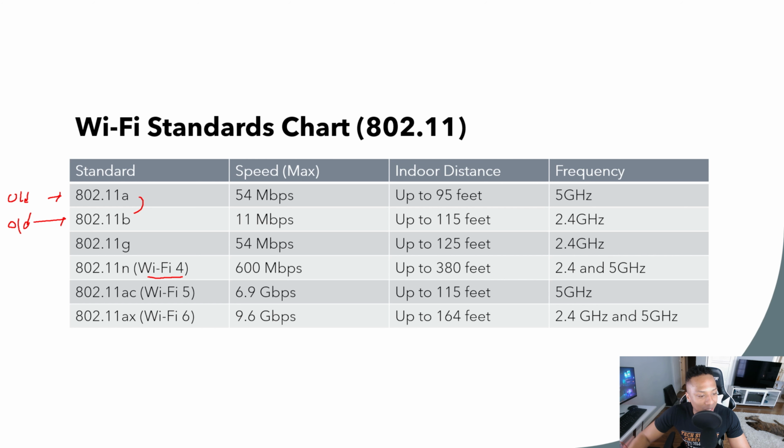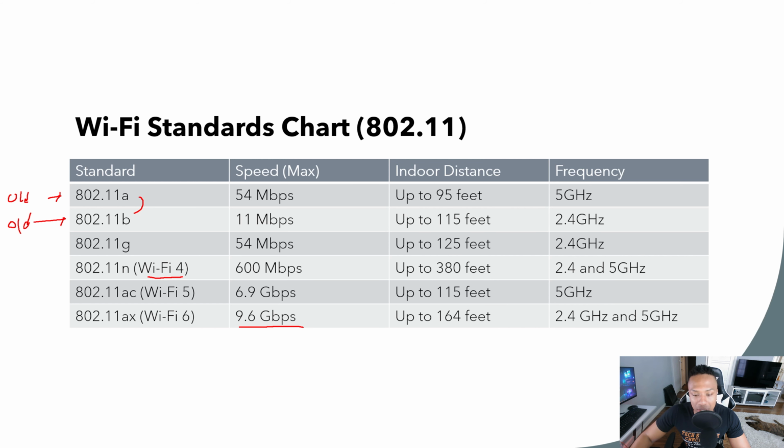Anyway, 802.11n is going to be 600 megabits per second. This one uses 2.4 and 5 gigahertz, so you have an option between the two now. 802.11ac, which is Wi-Fi 5, is a lot faster, as you can see, up to 115 feet, and it's going to use the 5 gigahertz range. 802.11ax, which is the newest Wi-Fi currently out, Wi-Fi 6, is very fast, 9.6 gigabits per second, up to 164 feet.